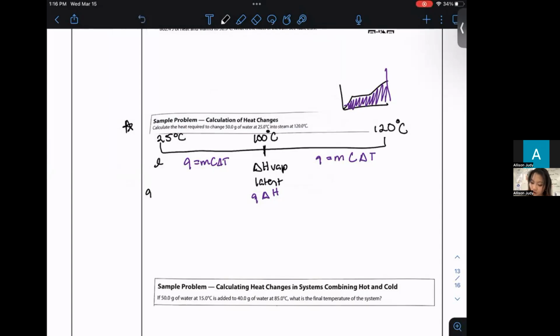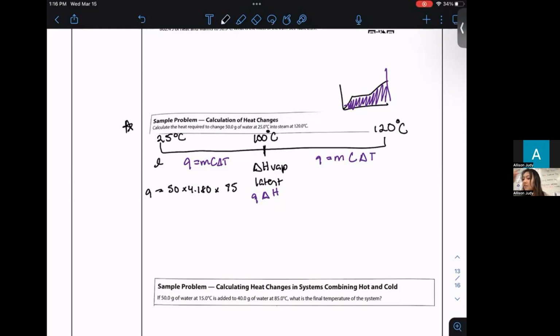So you should have gotten Q equals 50 times 4.184. You do need to memorize the specific heat capacity of water, times the change in temp, 100 minus 25, 75 degrees Celsius. The chart page says 4.18. Some constants do 4.184.